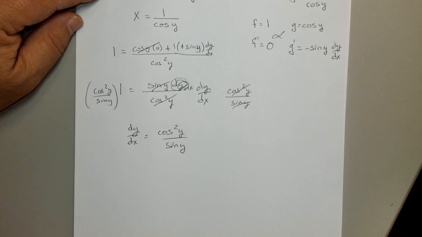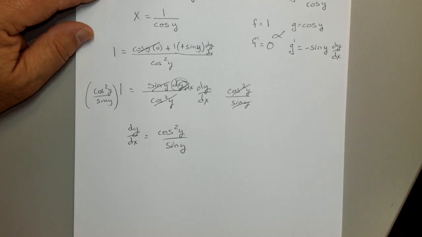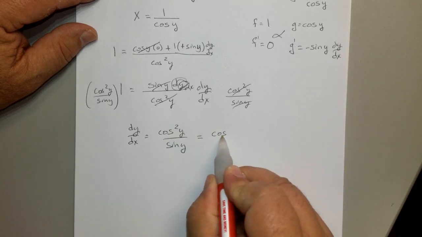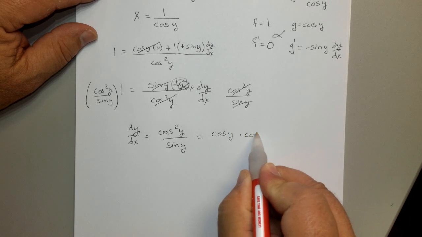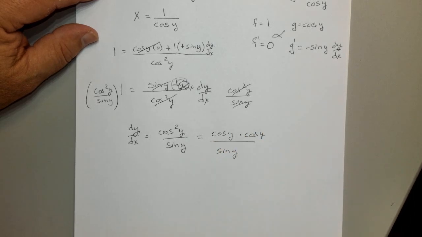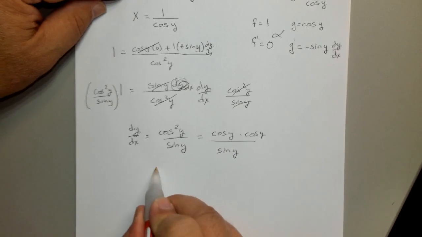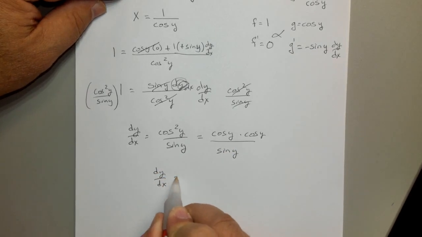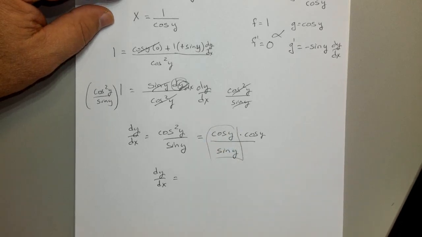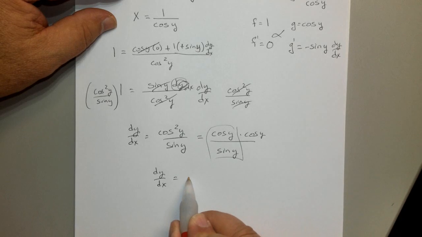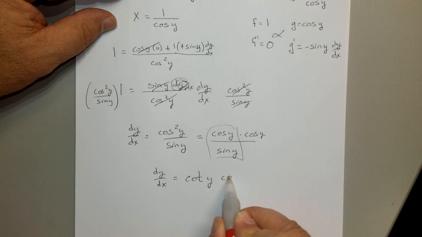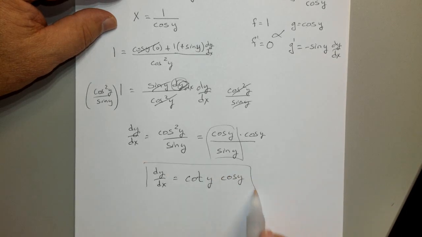We're not done yet because of the trig identities. Cosine squared is cosine y times cosine y over sine. What is cosine over sine? Cotangent. Cotangent y times cosine y.